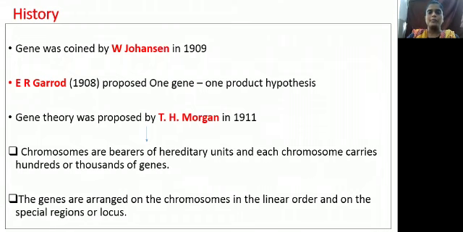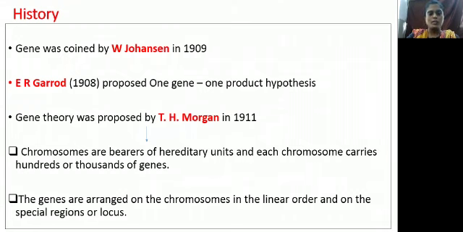Gene theory was proposed by T.H. Morgan in 1911. In his theory, he suggested that chromosome carries heredity units, and each chromosome carries hundreds to thousands of genes. The genes are arranged in a linear manner in chromosome and at a specific site which is called locus.